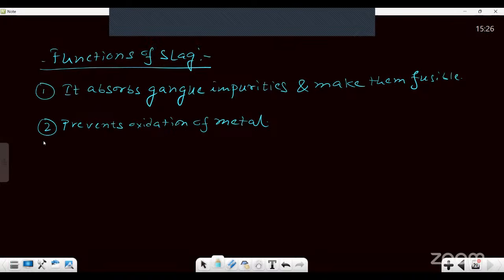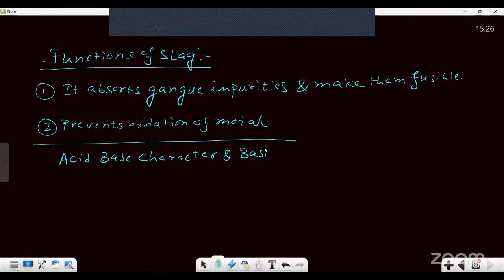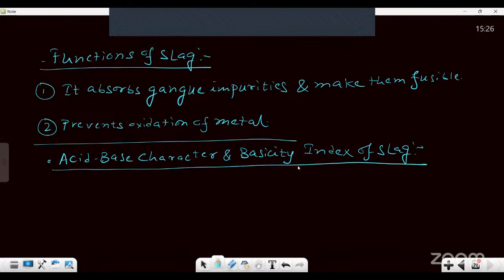Now I can talk about the acid base character and basicity index of slag.